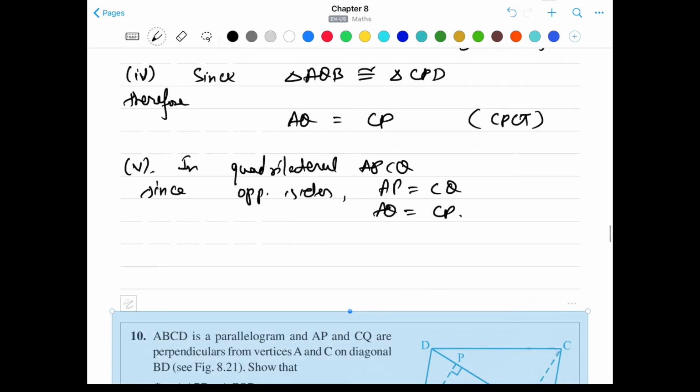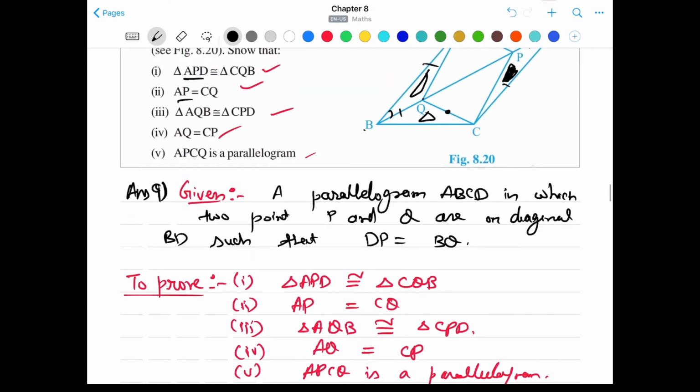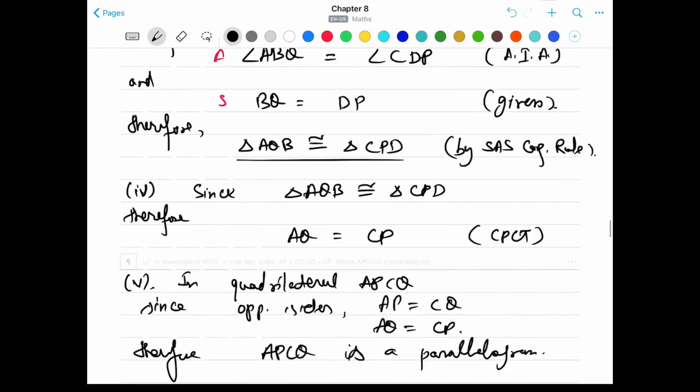Therefore APCQ is a parallelogram. Okay, so that's the solution of question number 9 of exercise 8.2.